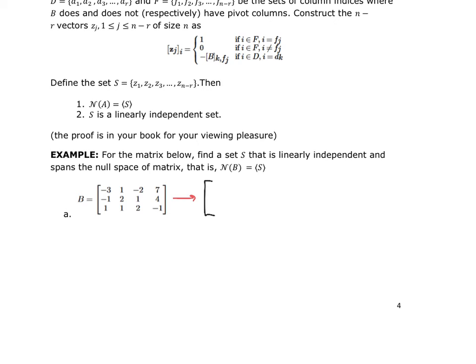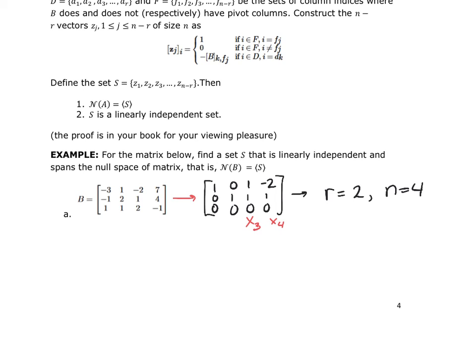This matrix in row echelon form is 1, 0, 0, 0, 1, 0, 1, 1, 0, negative 2, 1, 0. This tells me that my number of pivots is 2. I knew they were linearly dependent because I had more columns than I should have had, and my n is 4. My free variables happen here, which are x3 and x4.